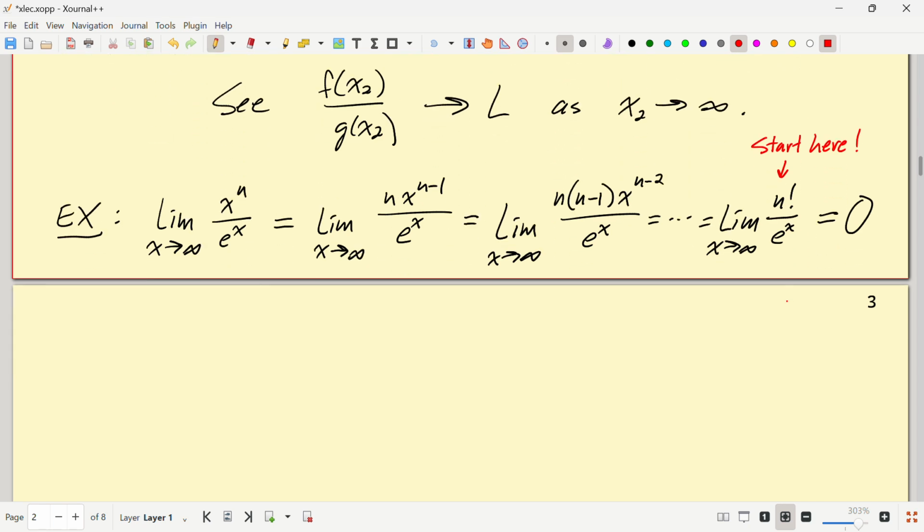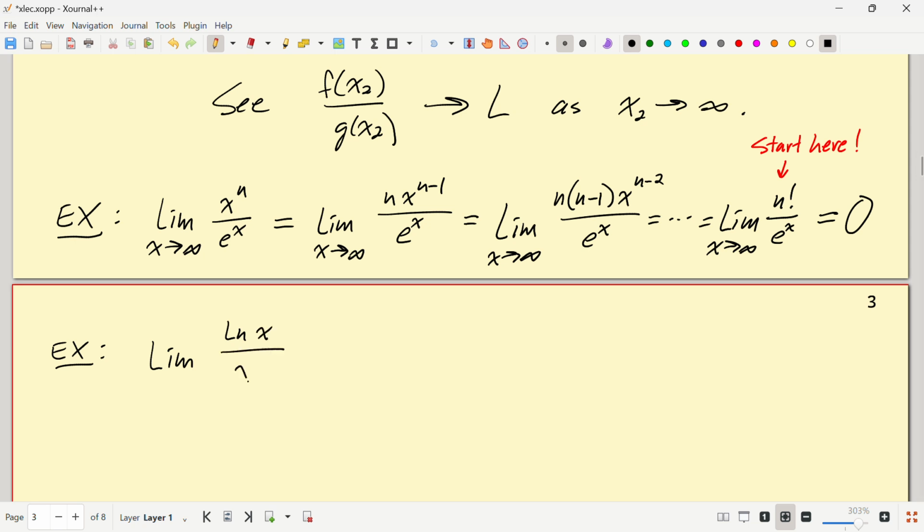And similarly, the calculation for the log business, it's more straightforward. Let's see, which way was it going to show? Limit of the log x over x to the n, or x to the 1 over n. If I put x to the n there, well, let's see, that would go to 0 even faster.